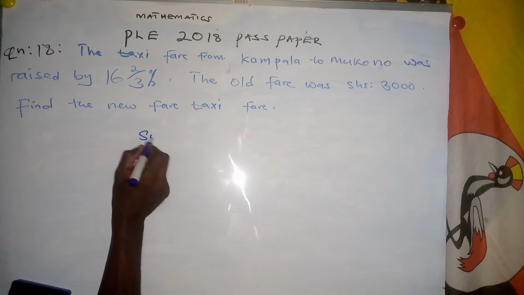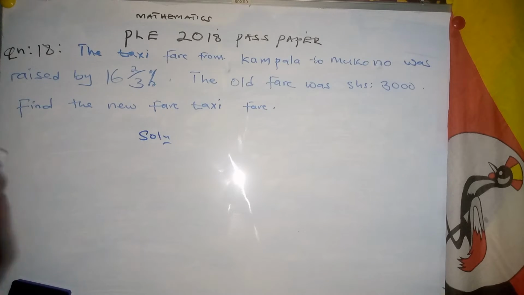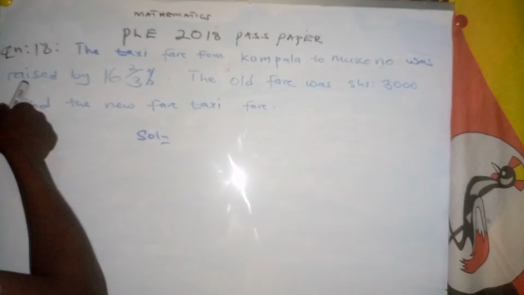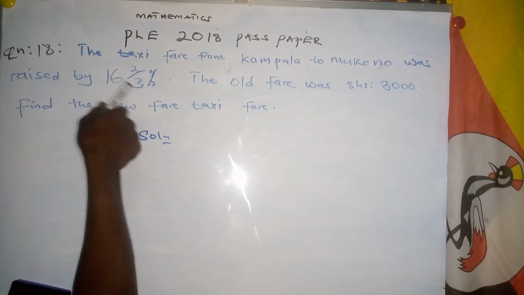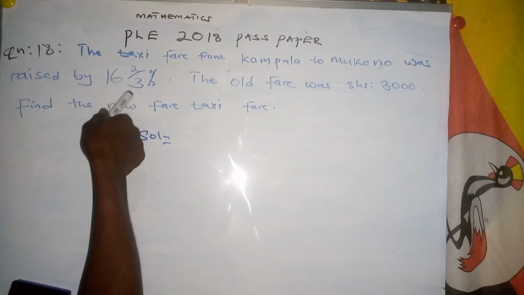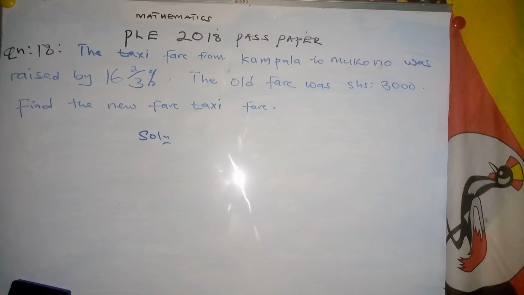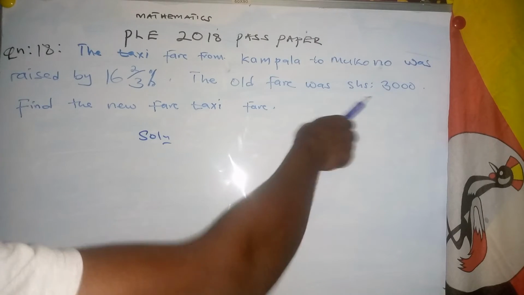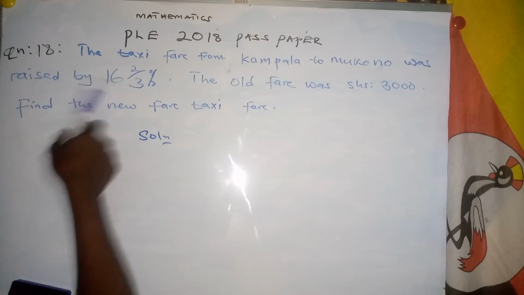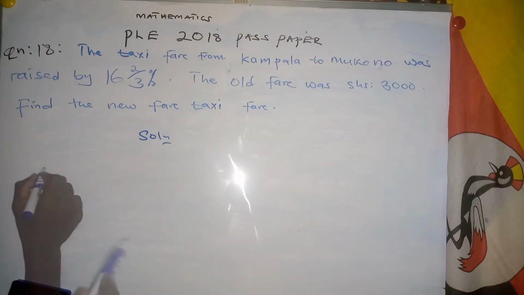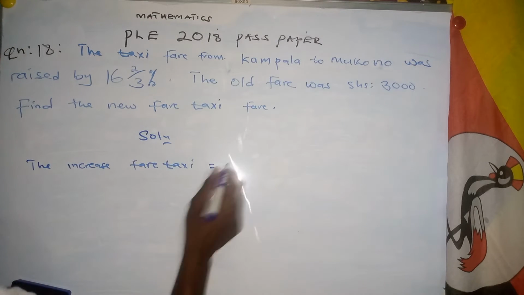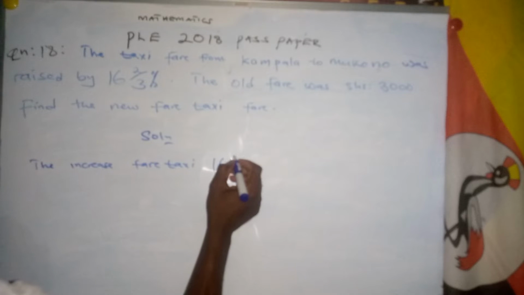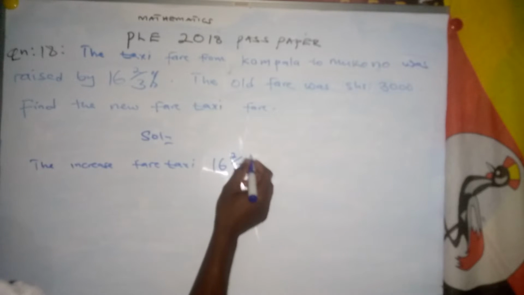Here, the solution. They are saying that the taxi fare from Kampala to Mukono was raised, meaning increased, by 16 and 2 out of 3%.